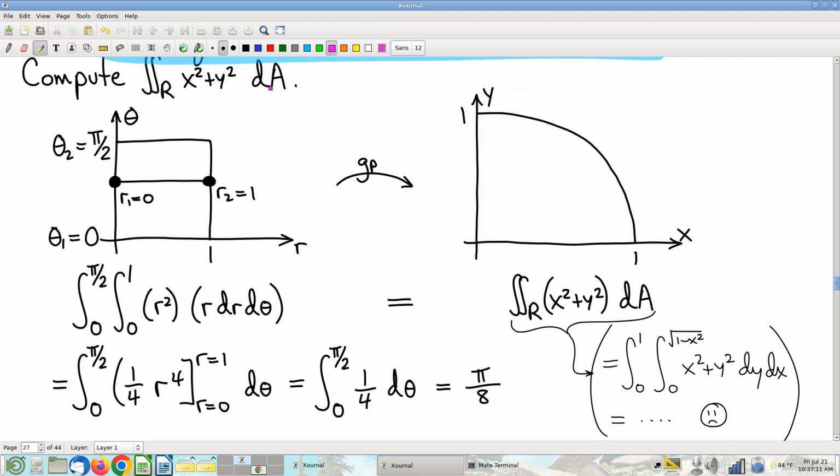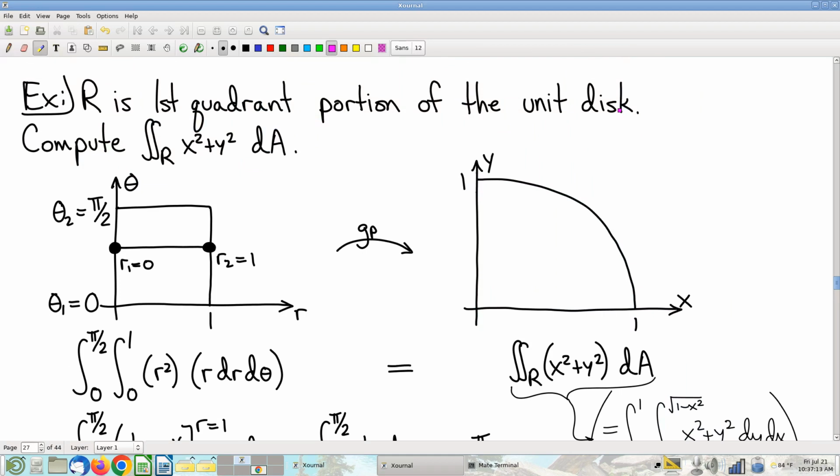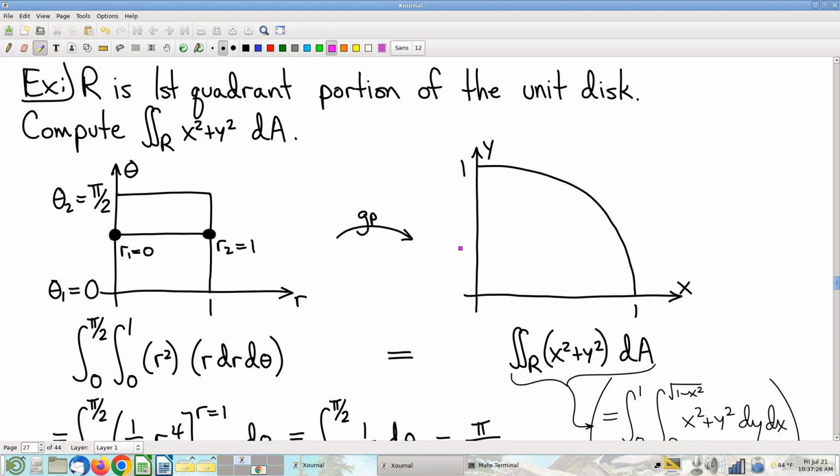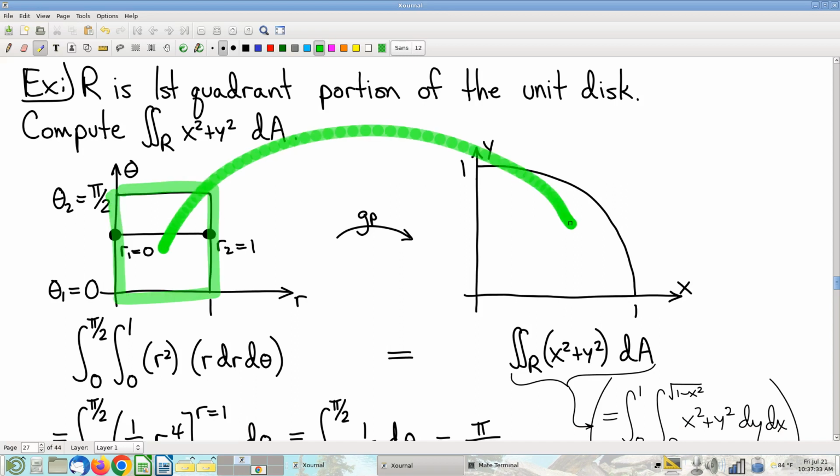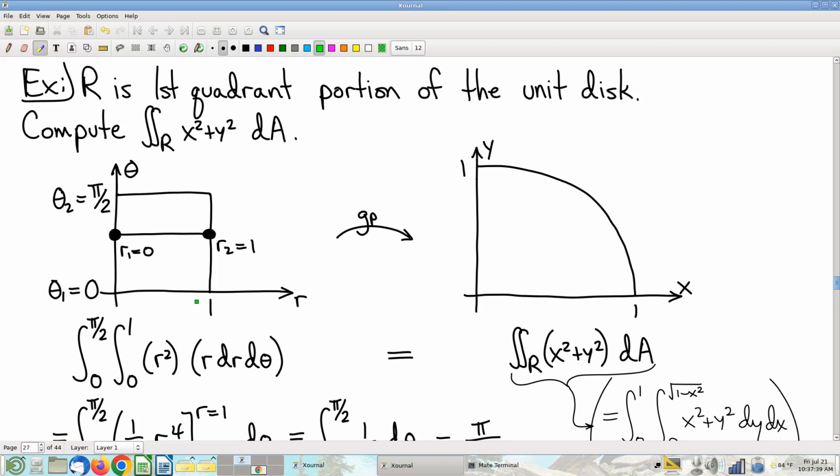Okay, so instead, let's think about how I can view this as being an image. Remember, that's the deal. If you can view it as being an image, then you can do a pullback through the change of variables function. So how is it that this is an image? Now I claim, and we're going to talk through this, that this rectangle right here has as its image this quarter disk. Let me walk you through why that's true. Let's think about, for example, this edge right there.